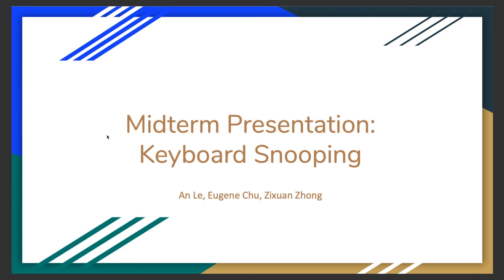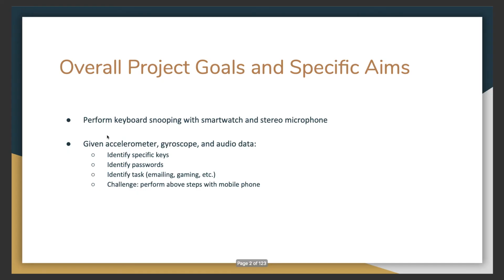Hello everyone. My name is Anne, and this is Eugene and Katin. Our midterm presentation is going to be on keyboard snooping. So what is keyboard snooping? It's a side channel attack in which the attacker recovers what a user is typing through audio and so on. What we're going to try to do is do that with a smartwatch, which has an accelerometer and a gyroscope, as well as a stereo microphone.